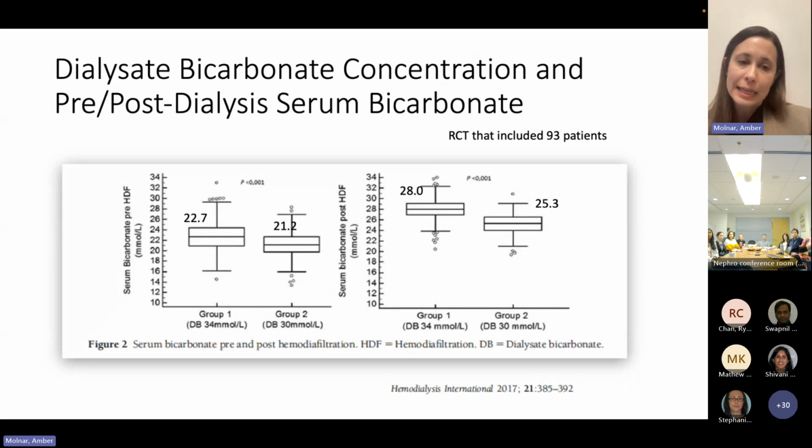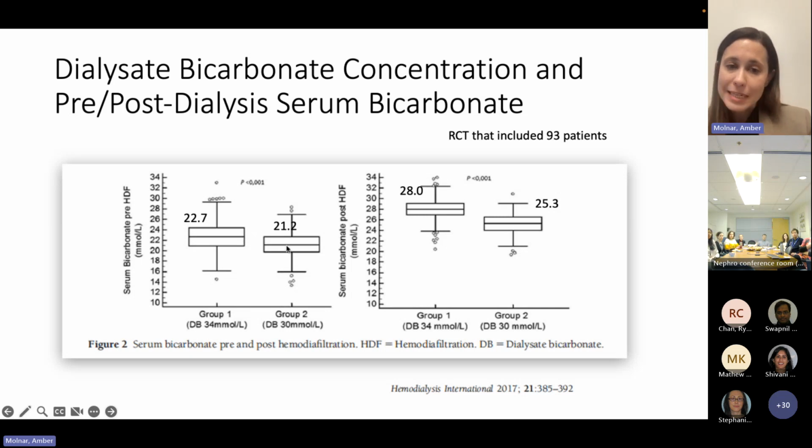This has been looked at in some of the small trials that were included in our review. So this figure is taken from actually the largest trial in this space that included 93 patients. And here they took patients on hemodiafiltration and randomized them to either 34 millimoles per liter or 30 millimoles per liter in terms of dialysate bicarbonate concentration.